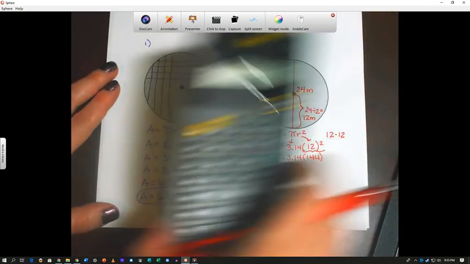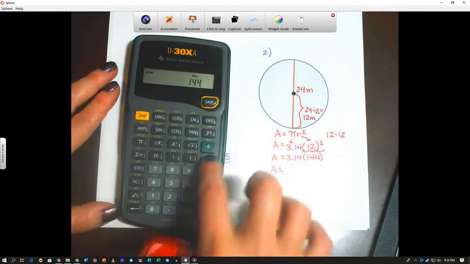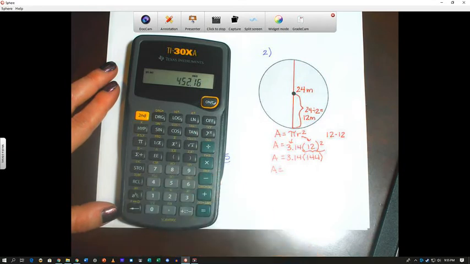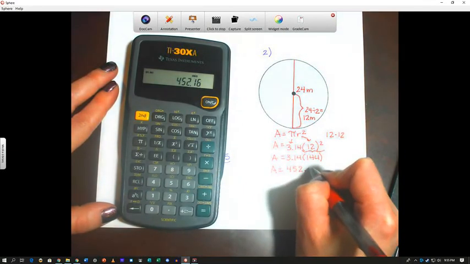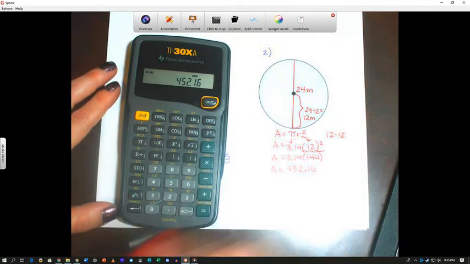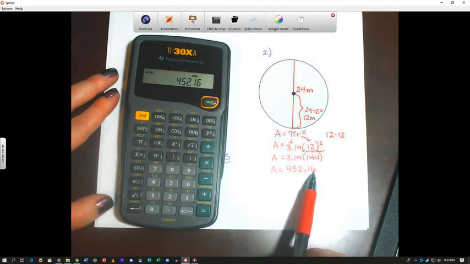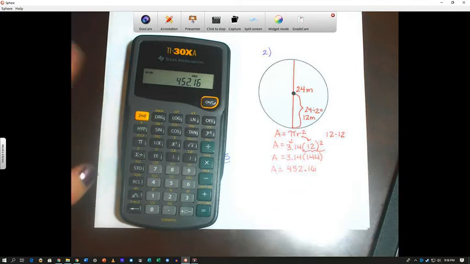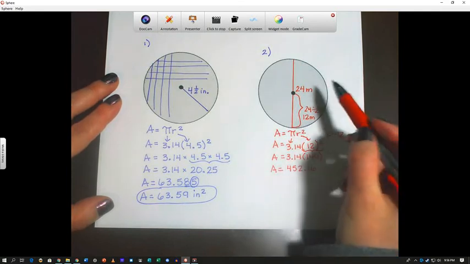So now I'm going to use my calculator. 144 times 3.14, and I get 452.16. This is already rounded to the nearest hundredth because the 6 is in the hundredths place value. We do not have a digit in the thousandths place value, so we don't have to round here. However, we do need to add our units, and we're talking about meters.